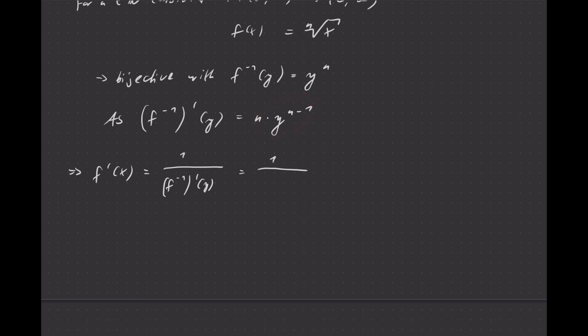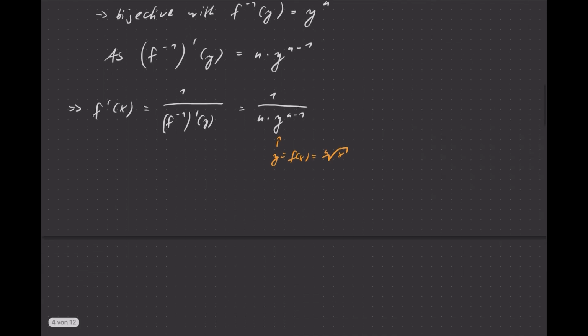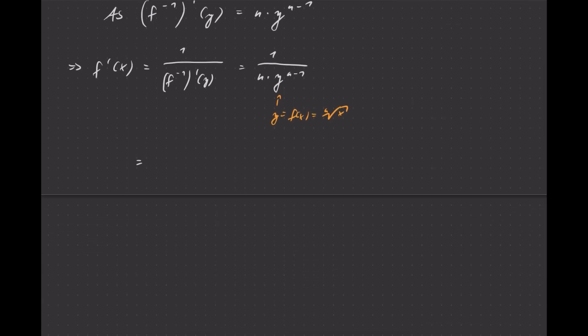So that derivative is precisely n times y to the power of n minus 1. And now remember, y is f of x. So that's the nth root of x. So what we get here is 1 over n times the nth root of x to the power of n minus 1.